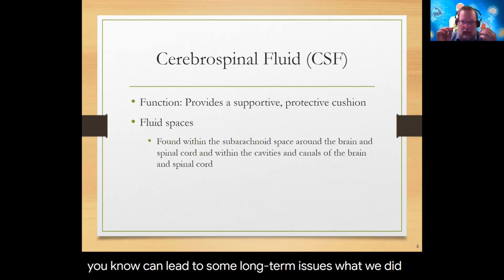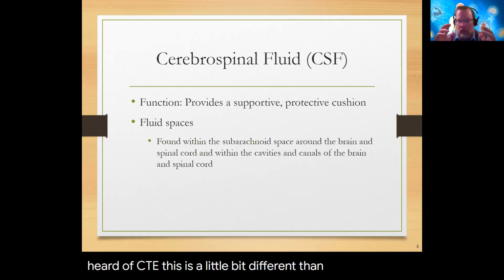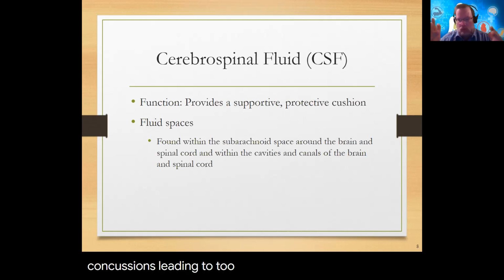What we did not know up until probably the last several years, many of you maybe have heard of CTE. This is a little bit different than just one or two concussions leading to brain damage and behavioral issues down the road. CTE involves more micro concussions.